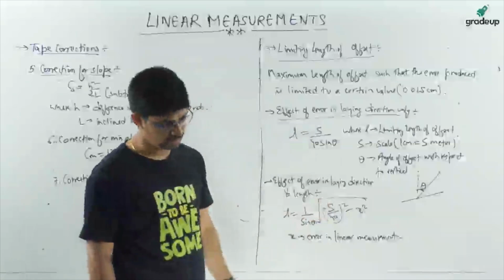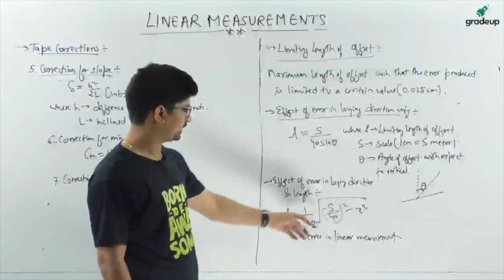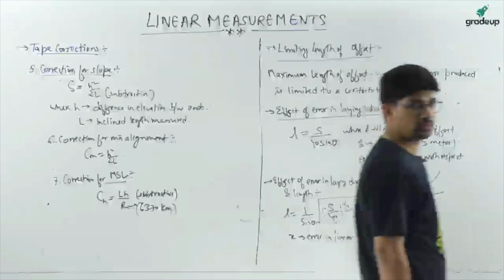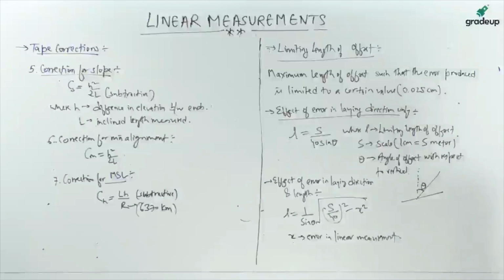Rest all are same. S is the scale, theta is the angle with respect to this vertical direction. So I hope this is clear to you. Please take a screenshot.